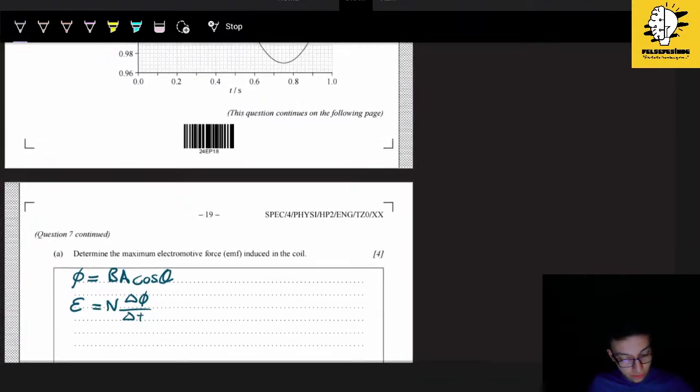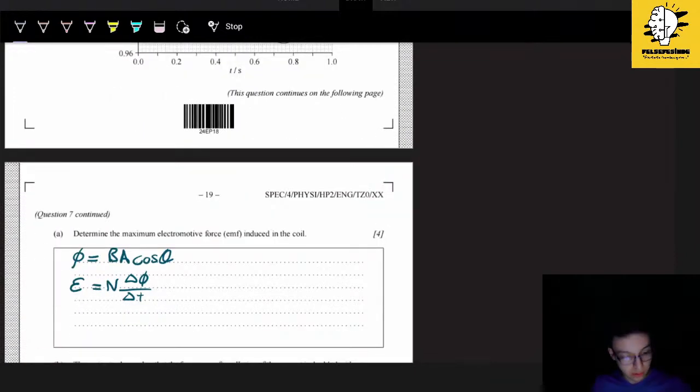I will firstly find, so this means that, by the way guys, okay, let's make a quick revision. For high electromotive force, for high epsilon, we should have high change in phi, or small change in time, right?